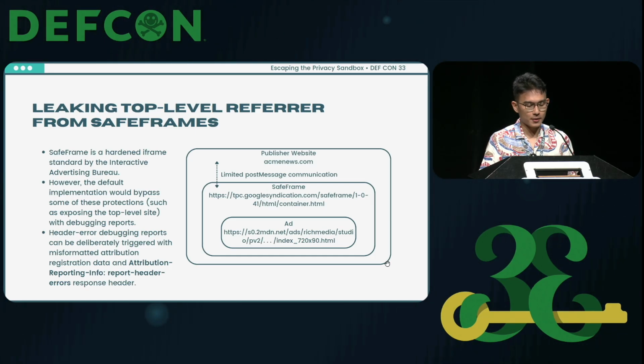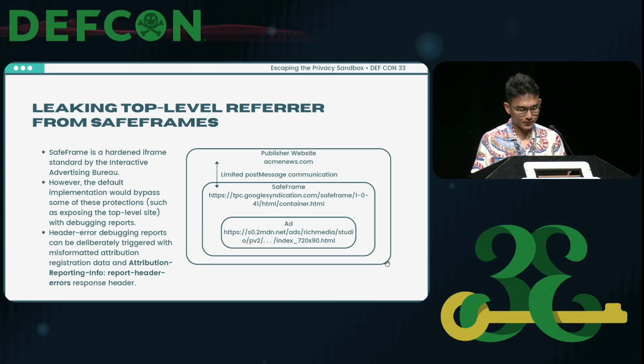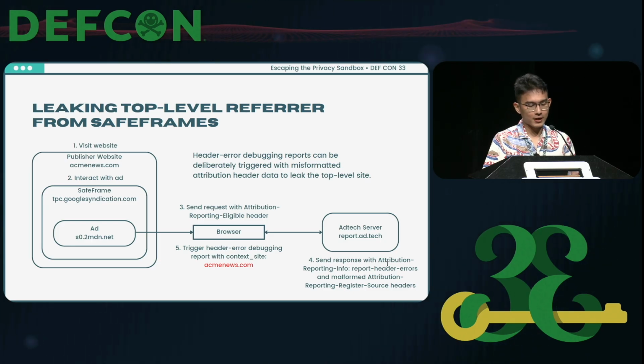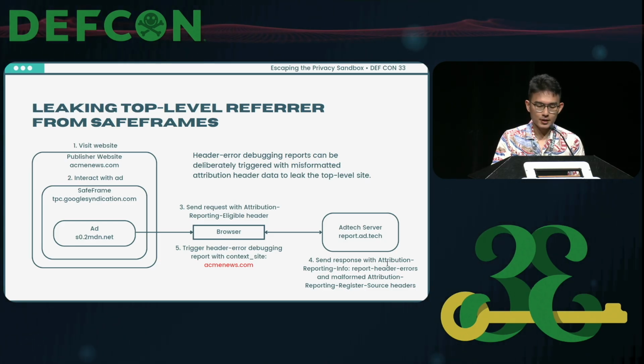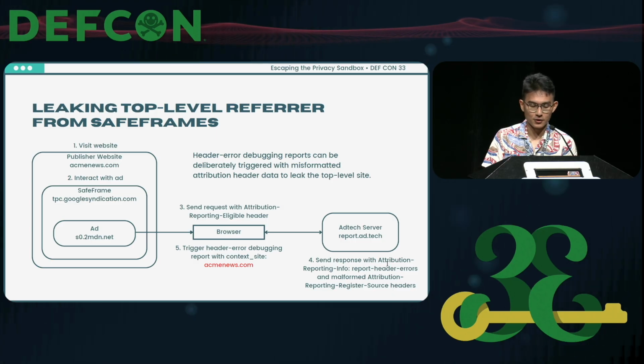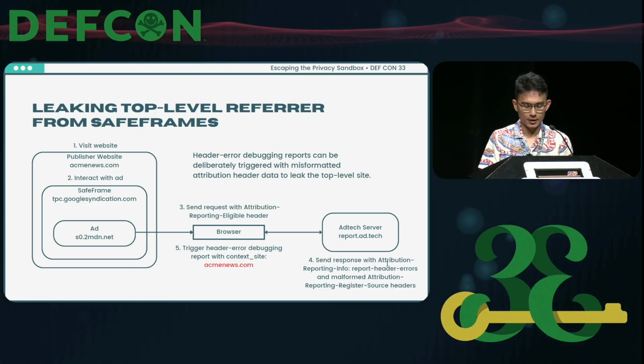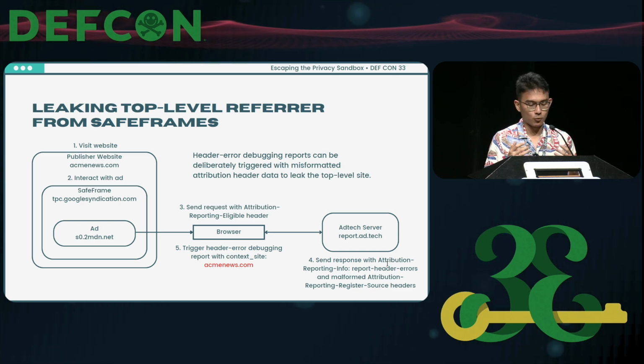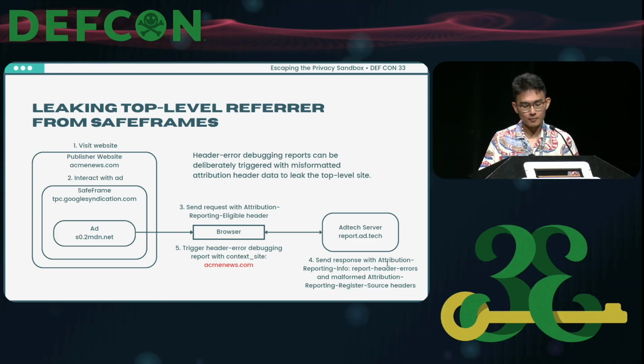You can trigger header error debugging reports deliberately through malformed Attribution Reporting API response headers, and this would then leak the top-level site. So I'll just walk through an example here. We start with visiting the website, for example, the publisher, maybe TheVerge.com, which is a tech website. And you interact with an ad that is within a SafeFrame. This is how some Google ads are sometimes served.